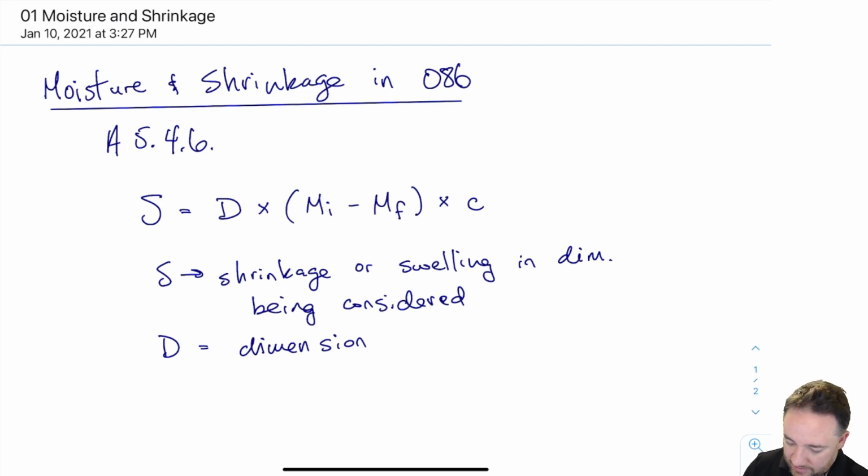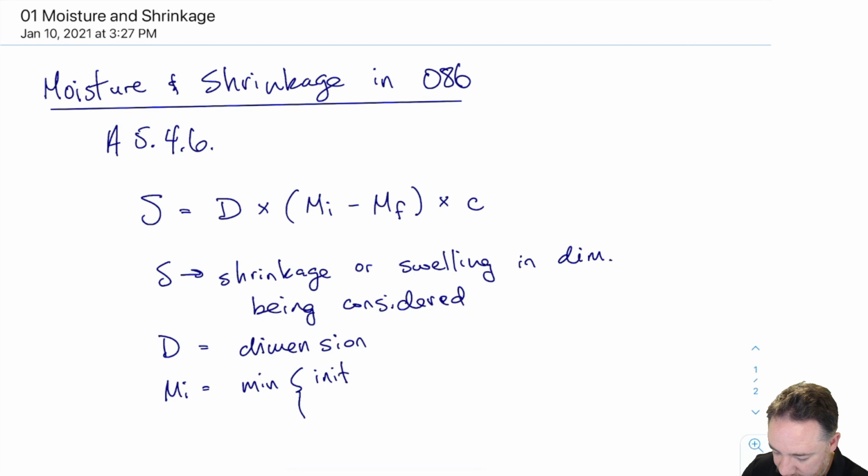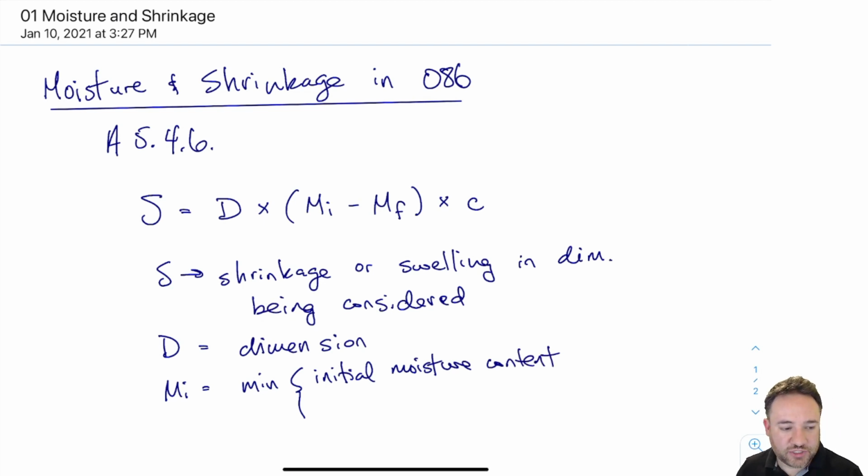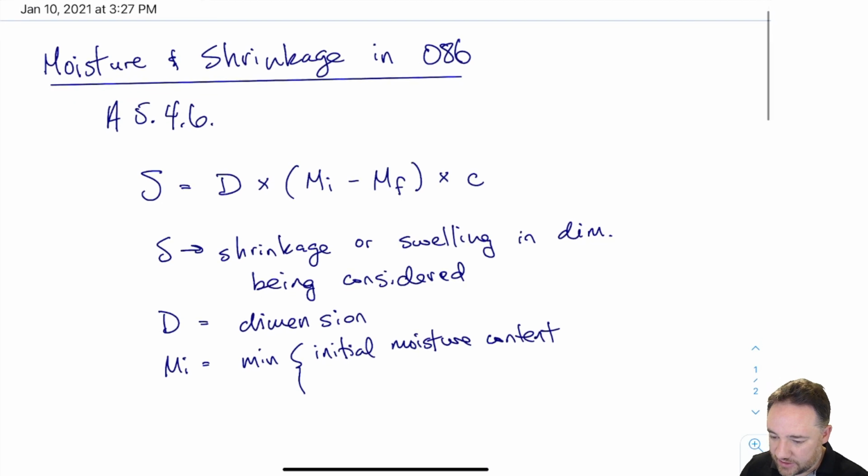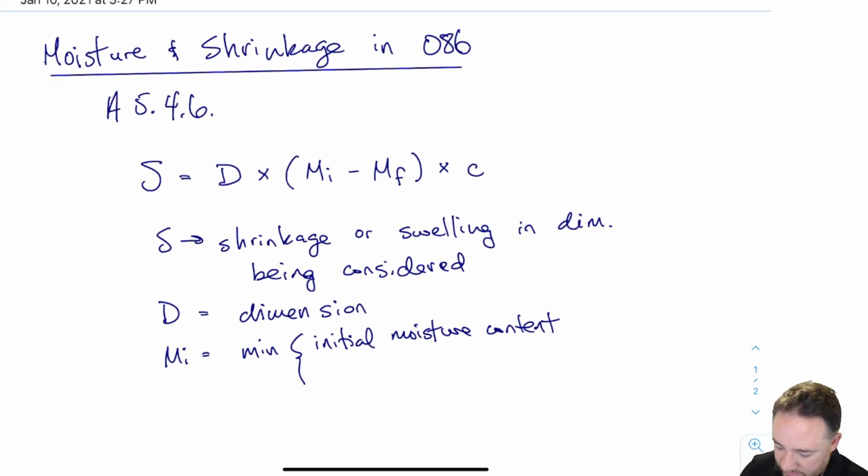And Mi is the initial moisture content. So where does your moisture content start? Or the fiber saturation point, which we talked about before.